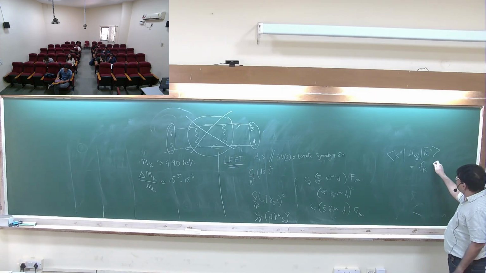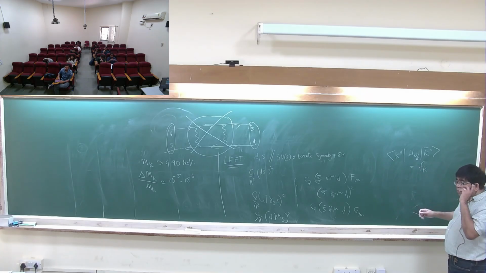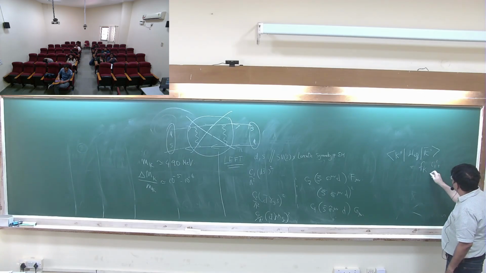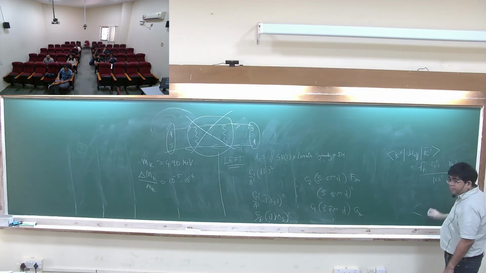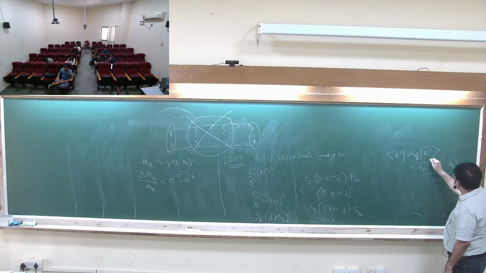You can take one operator at a time or two operators, whatever it is. Only then some C1 square or something will come. Then M_K square, some 16 pi, whatever, some term will come. These are the Wilson coefficients.